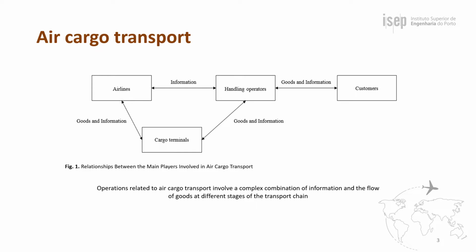To optimize the work in the cargo transport chain, it's necessary to understand who the main players are. There are four groups with active participation in the transport chain. These groups are made up of airlines, cargo terminals, handling operators, and customers. The relationship between these four groups is represented in image 1.